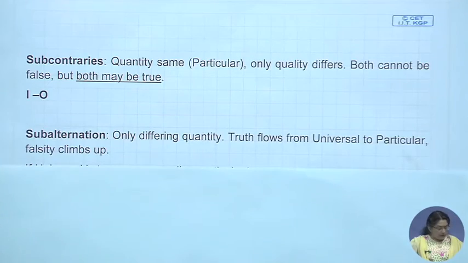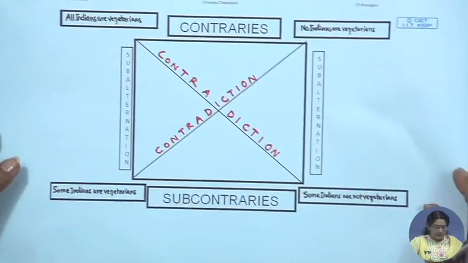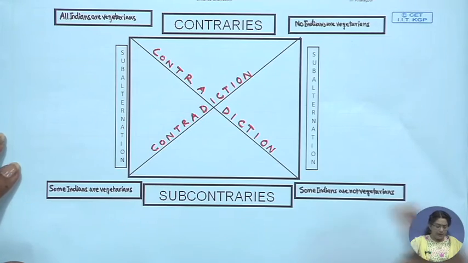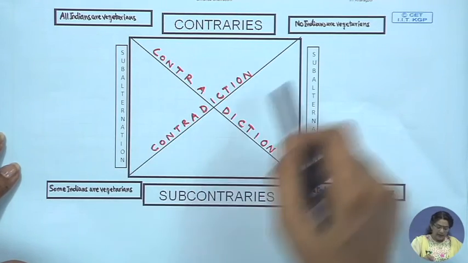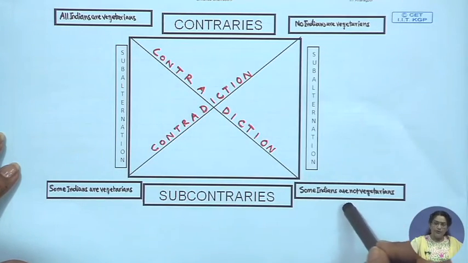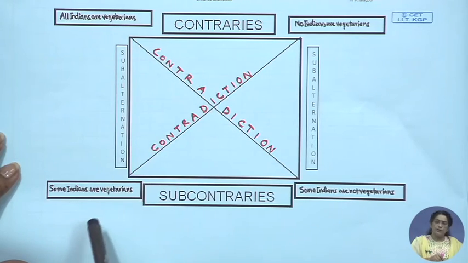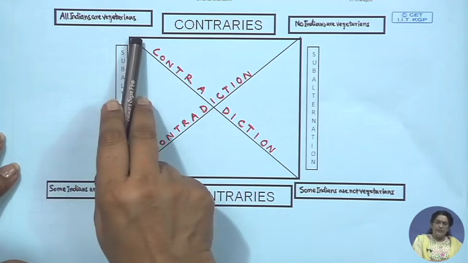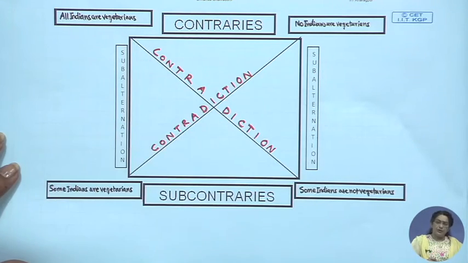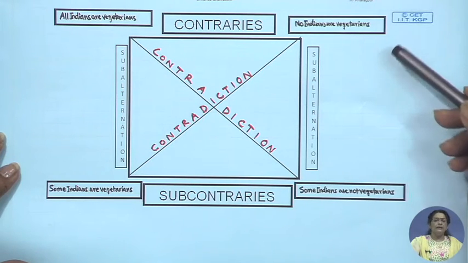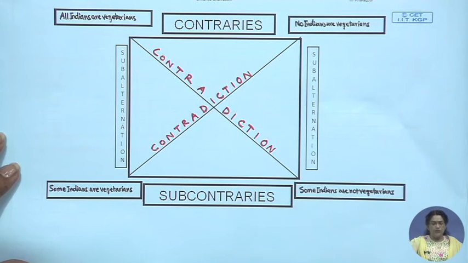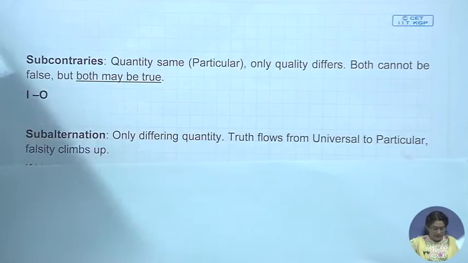Then comes what is known as the side relationships. Remember subalternation, and we are talking about the A and I, and the E and the corresponding O. So, there is a relationship. You have the A and its corresponding I, you have the E and its corresponding O, and the relationship is called subalternation. What happens here?